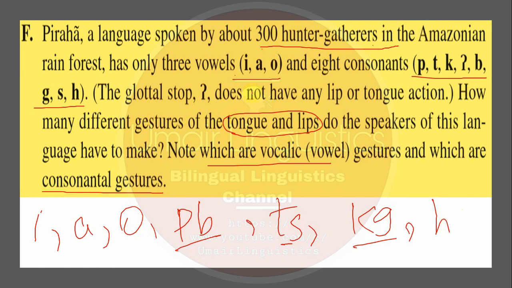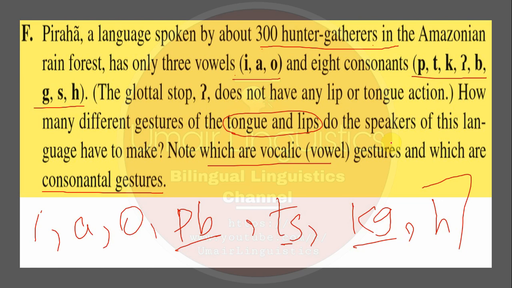So I think we have included all: p, t, k, g, b, as well as s and h. So just by 7 gestures of tongue and lips, these speakers produce their complete language. These speakers speak by just 7 different tongue and lip gestures.